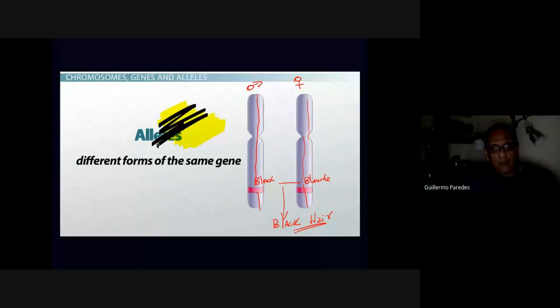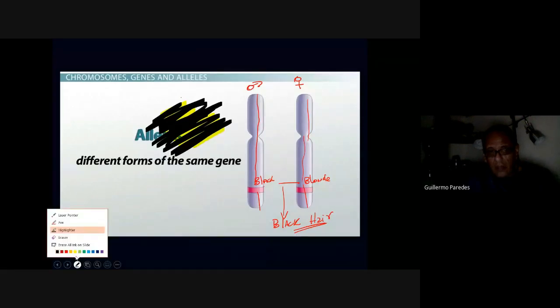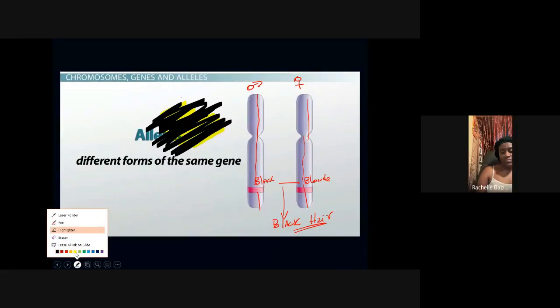So who is predominant, the black or the yellow? The black hair, right? But tell me, is the yellow there? You have yellow in your genes? Yes, right? The black is predominant because it's going to hide the yellow. You okay with that?